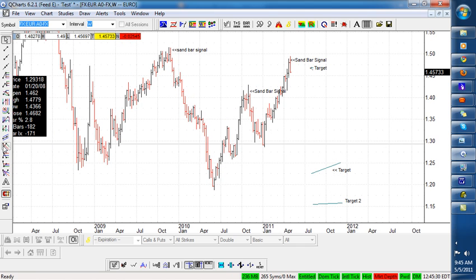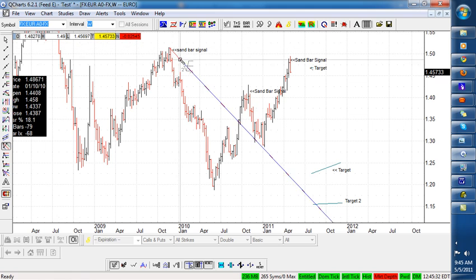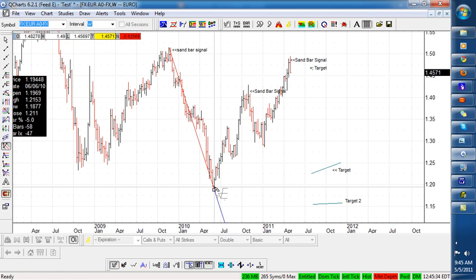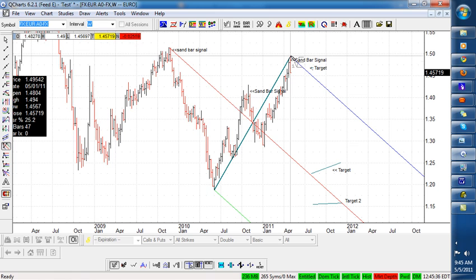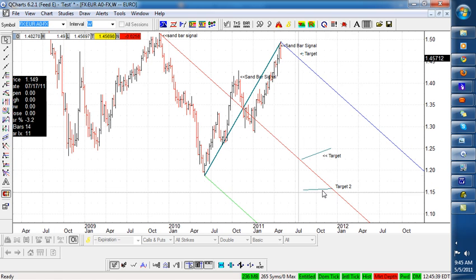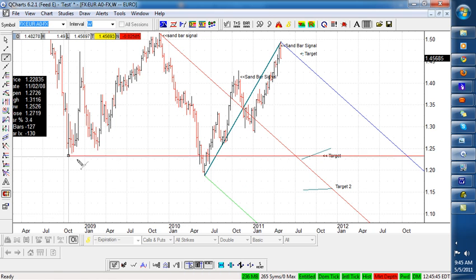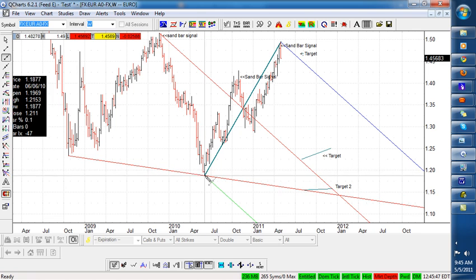Okay, so what am I looking at? Well, what I've got is this area here as your median line, and this area here as your 2P line.